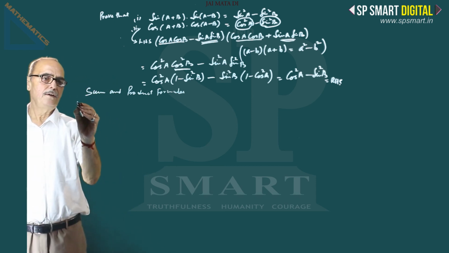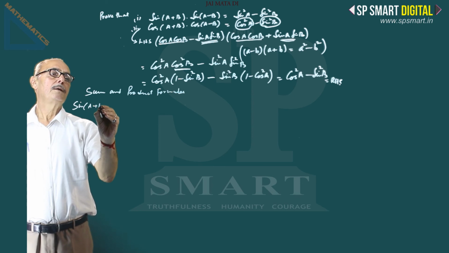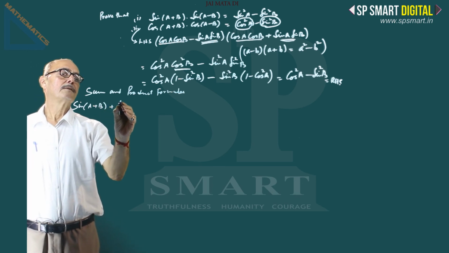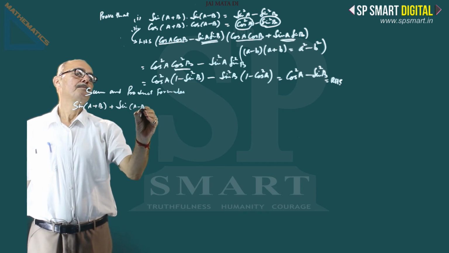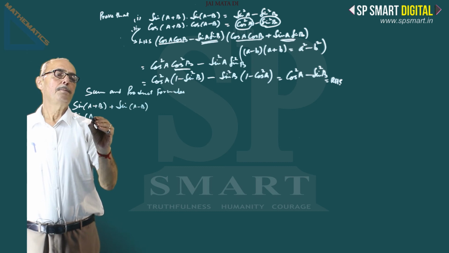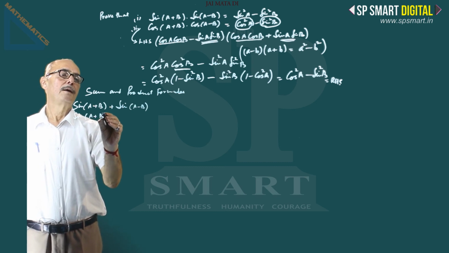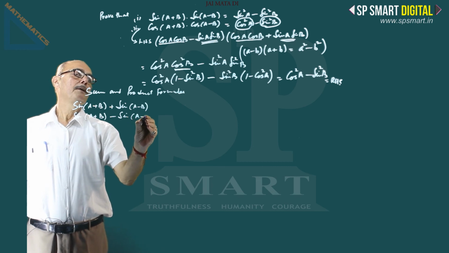This is sin(A plus B) plus sin(A minus B), and sin(A plus B) minus sin(A minus B).